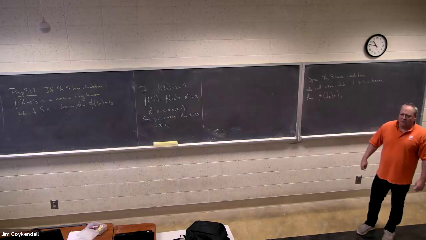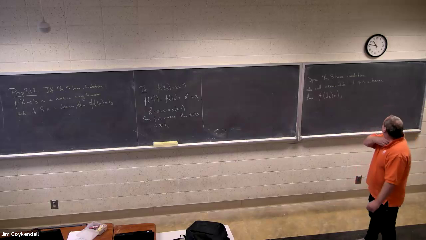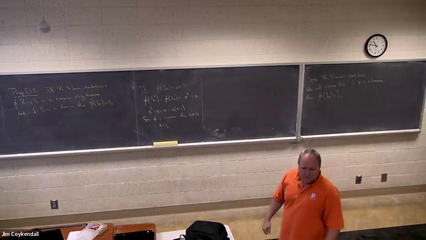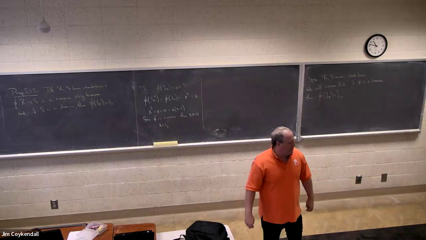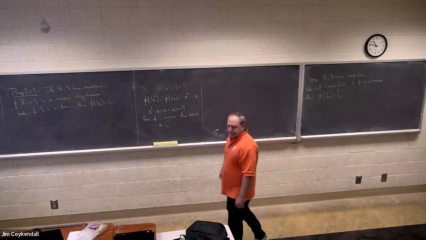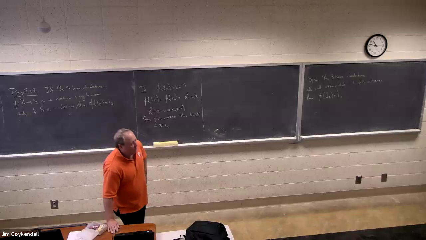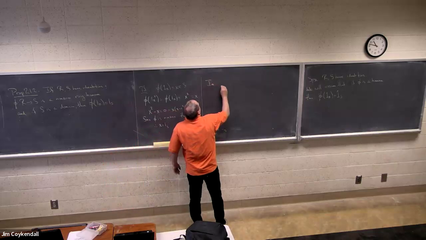Here's another good reason for this. I'm going to throw this in just for culture. I know some of you are interested in category theory, perhaps, and there are some categorical reasons why you would want this as well. It's that the integers are initial.